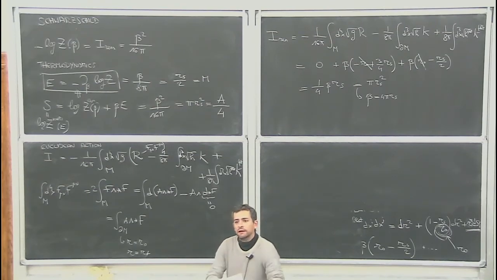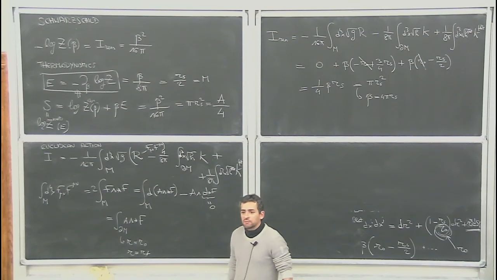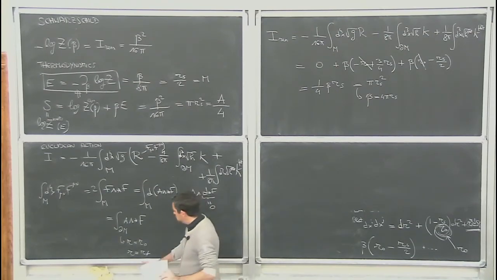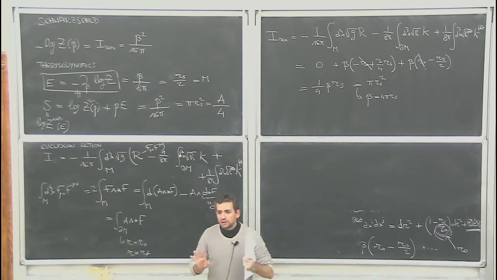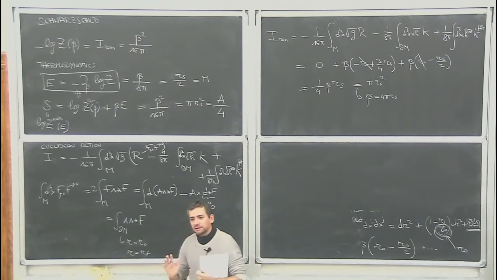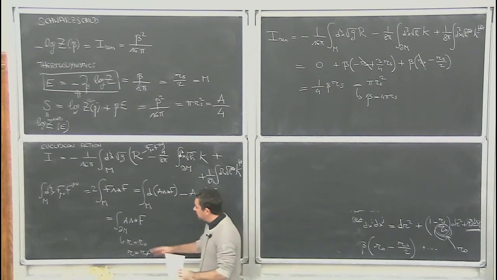Once we have a regular solution, why should that one be a boundary? Isn't it part of the interior of the manifold? Yeah, I agree. I agree with this. If you are sure that you have done everything properly, and you have a smooth geometry, a smooth solution, this will not contribute.